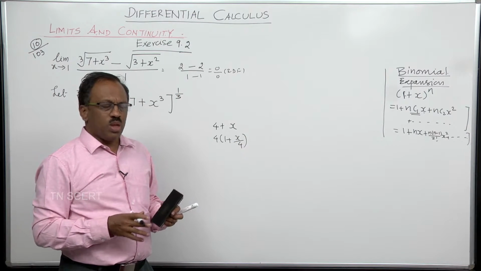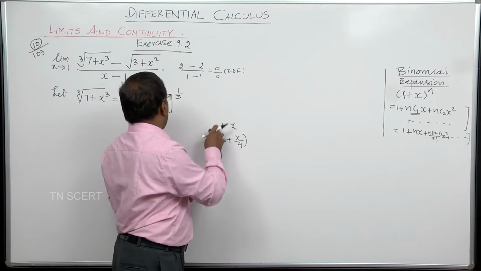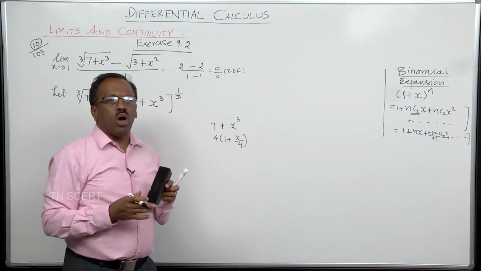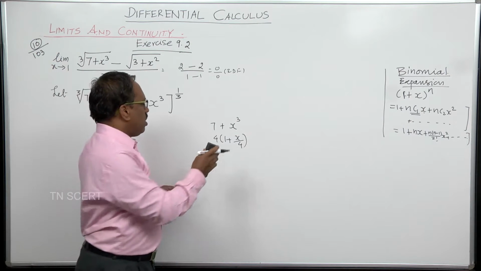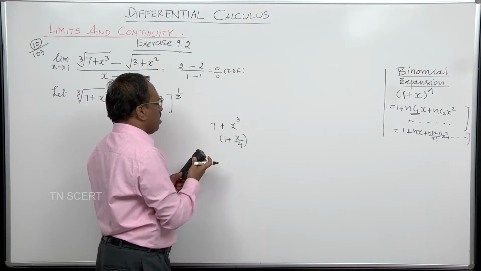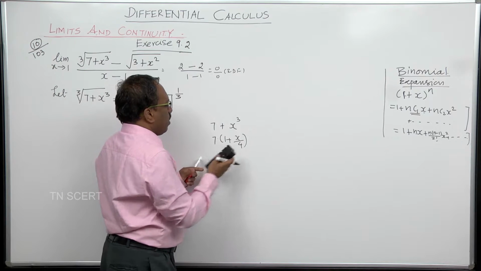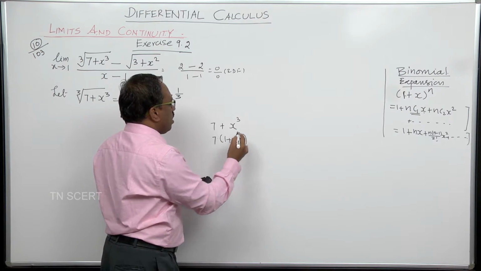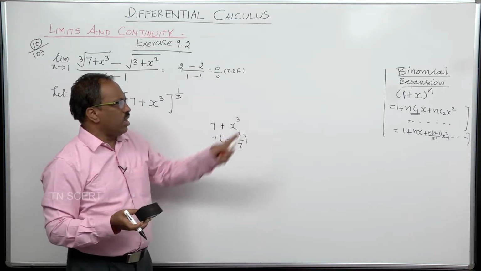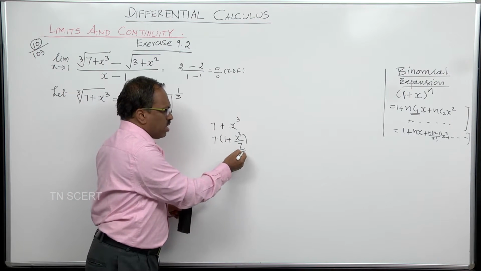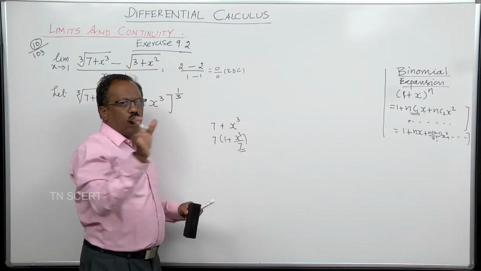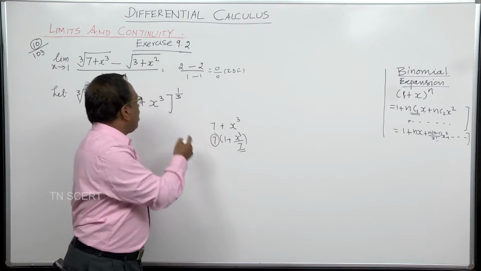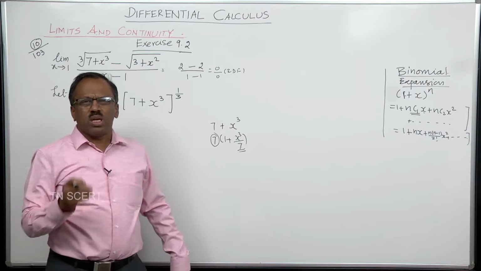Is it clear? Suppose here I have 7 plus x cube. If I wish to have 1 plus x, then I take 7 out. With the 4 example, taking out the power makes no difference, but here the 7 is there, and 7 whole power 1 by 3 is something ridiculous.